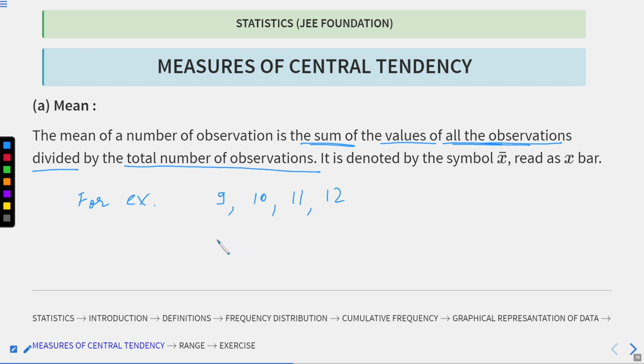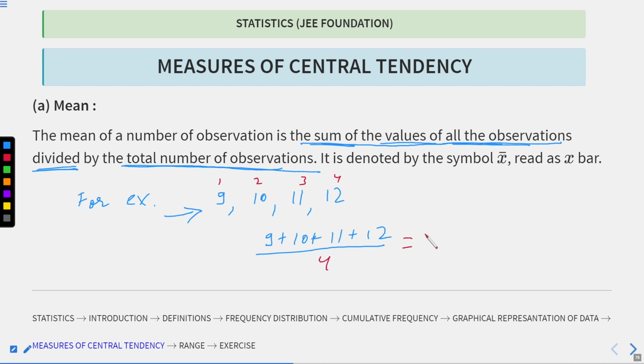Now if I have to find the mean for these values, then I just add all the observations, the sum of all the values, and then divide it by the total number of observations. The total number of observations I have is 1, 2, 3, 4, just 4 values.